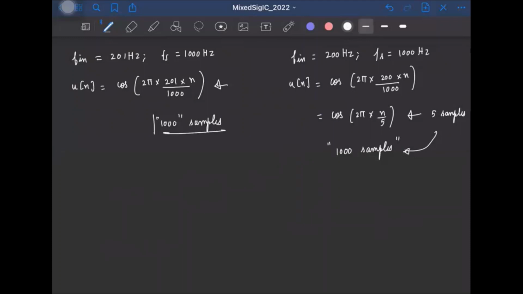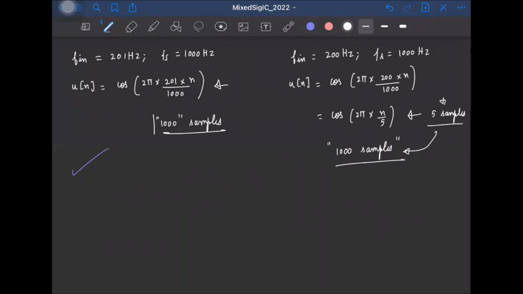So to characterize the ADC, we need to choose a sinusoid of this form, because we don't want to feed the same samples again and again, since we are not getting any new information. Here we had only 5 samples, and we kept feeding them again and again until we got a total of 1000 samples.